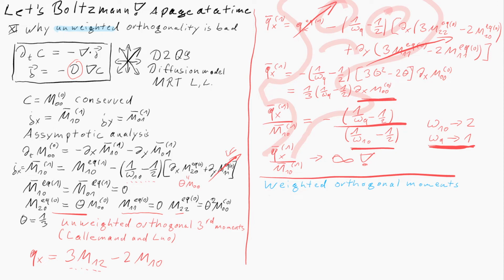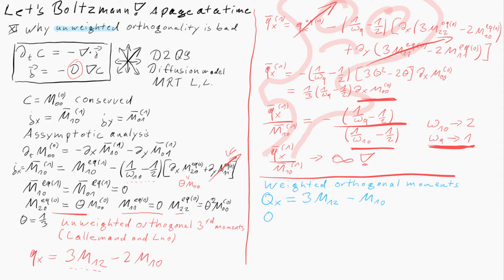We've already introduced in the last video this weighted orthogonal moment, capital Qx, as 3 m, this countable third order moment, 1, 2, minus m, 1, 0. And we proved that this is weighted orthogonal, weighted with the lattice weights of this particular lattice.